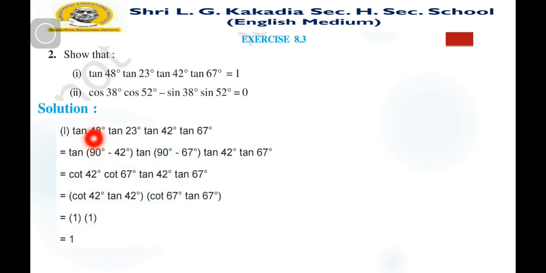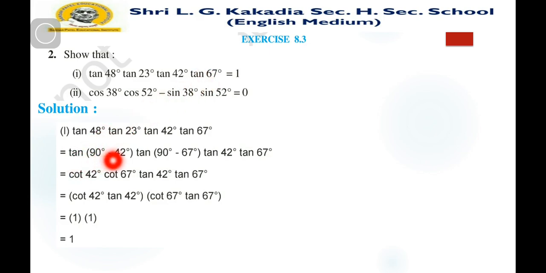Tan 48 means we can write the complement of it. You can see that here we have tan 48 and here tan 42, because 48 plus 42 is 90, so we write one of them as its complement. And here tan 23 and tan 67, so we write one of them as its complementary.